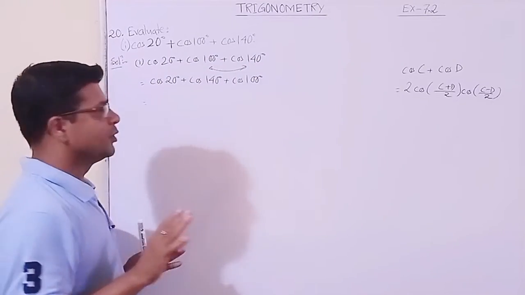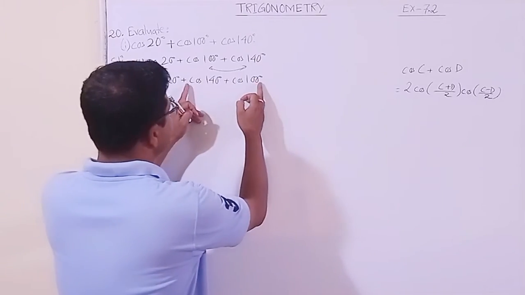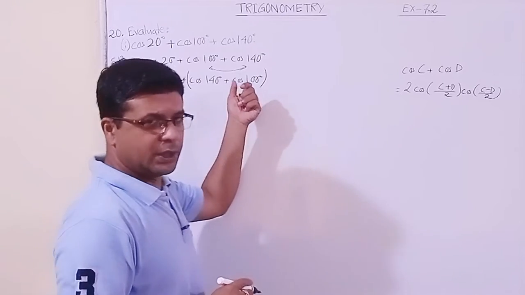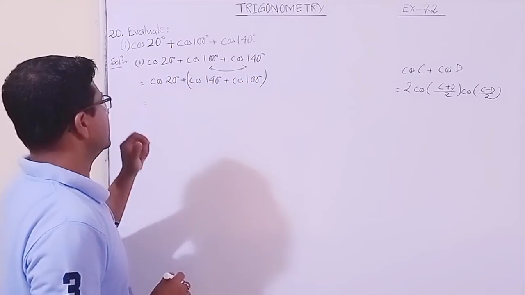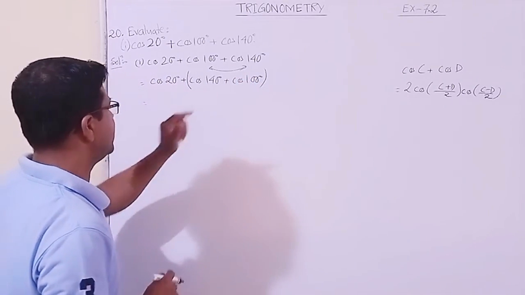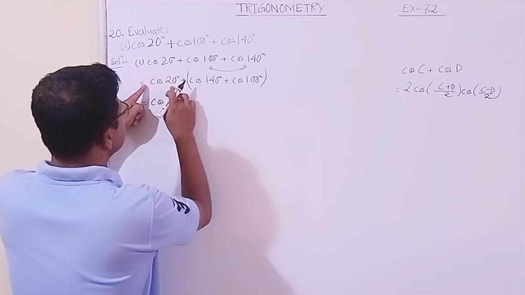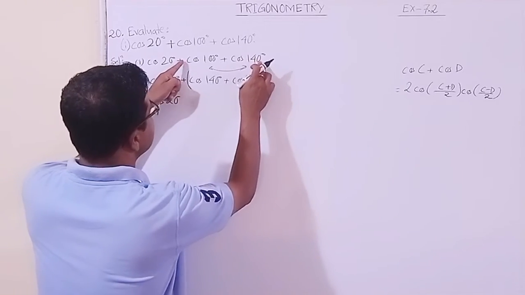And again there may be some confusion. Why will we take this combination? Why not this? That means cos C plus cos D we shall apply here, not there. There is a reason why we have not taken the others. After a few steps I'll tell you why we have not taken this with this or this with this. Why have we taken these two?